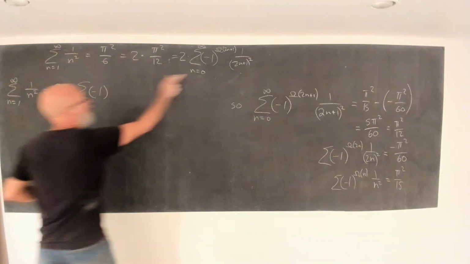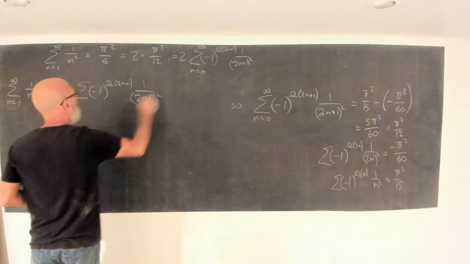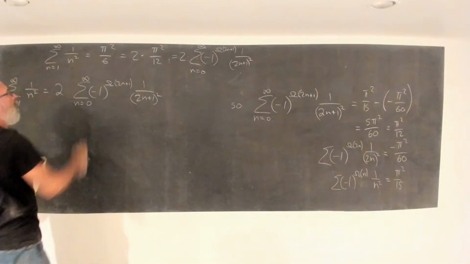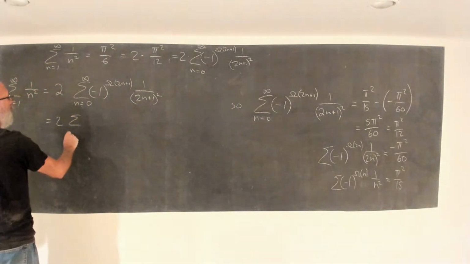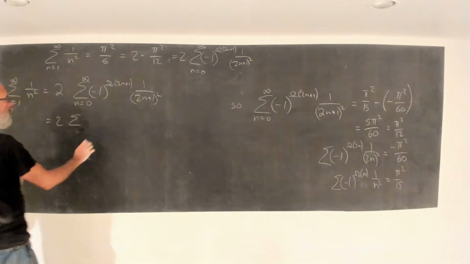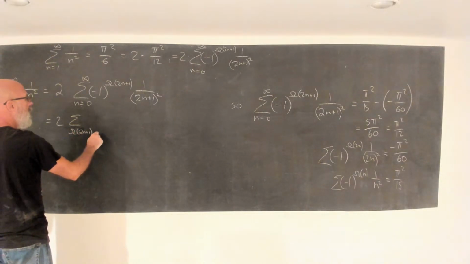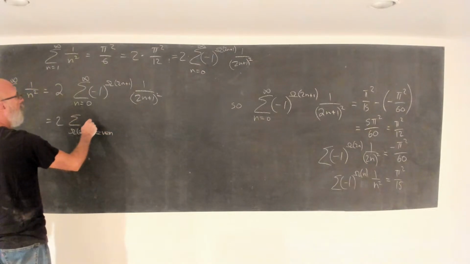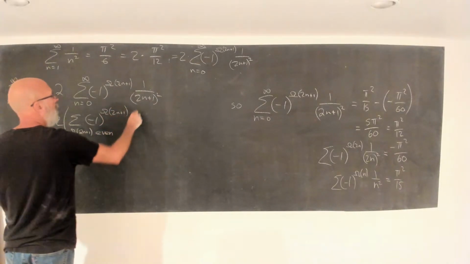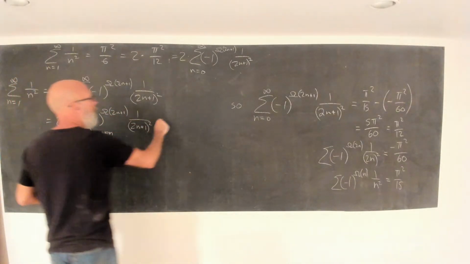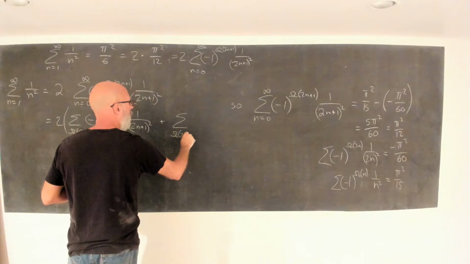Here I'm just rewriting this equals that. And I'm going to decompose this further into the terms for which phi of 2n plus 1 is even, plus the terms over which phi of 2n plus 1 is odd.